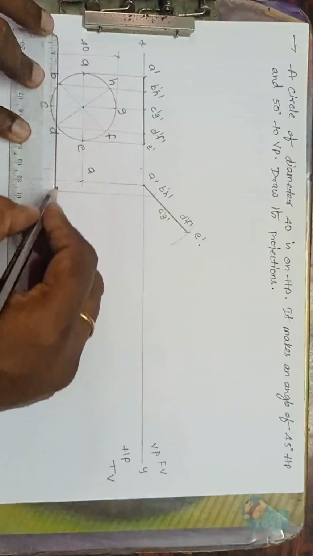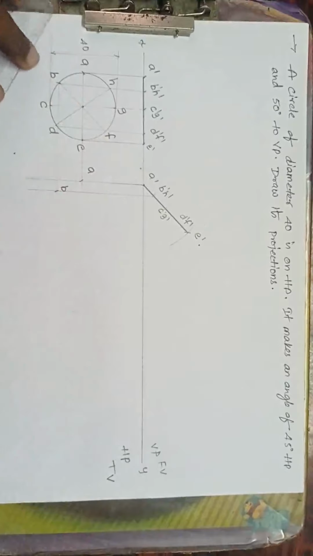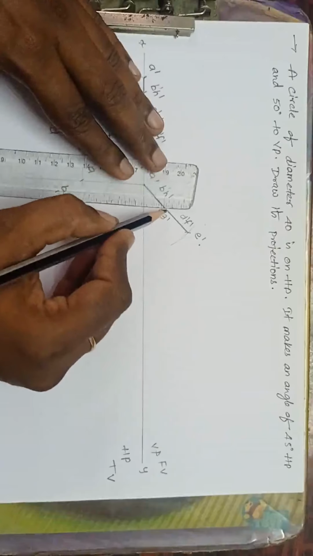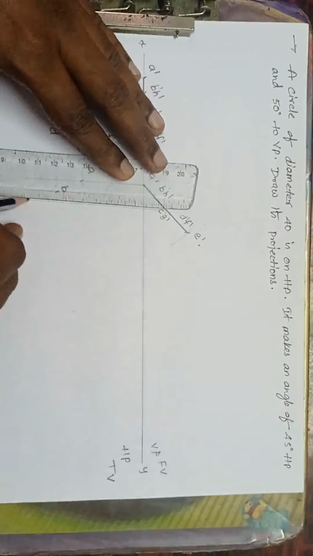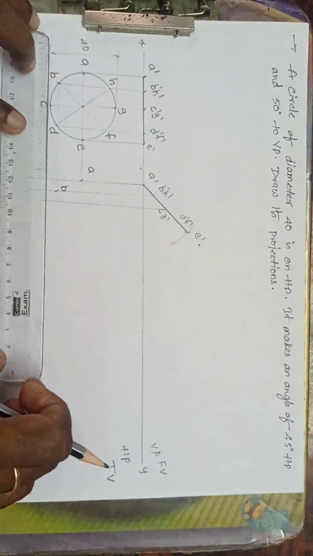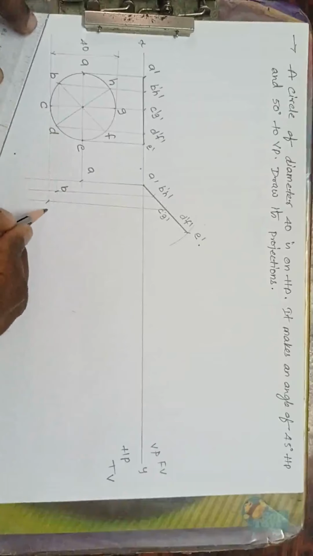This is B. Now from C dash perpendicular line, from C horizontal line. Okay, the meeting point is C.